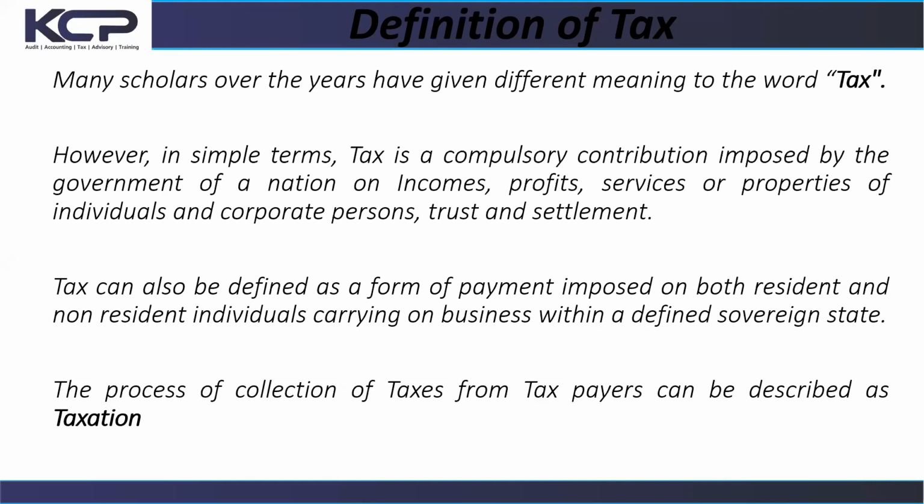And it must be related to the income you have made or the profit that have been earned or services that have been rendered or properties of an individual or that of an incorporated entity, trust or settlement. So all these features must be evident when we talk about tax.